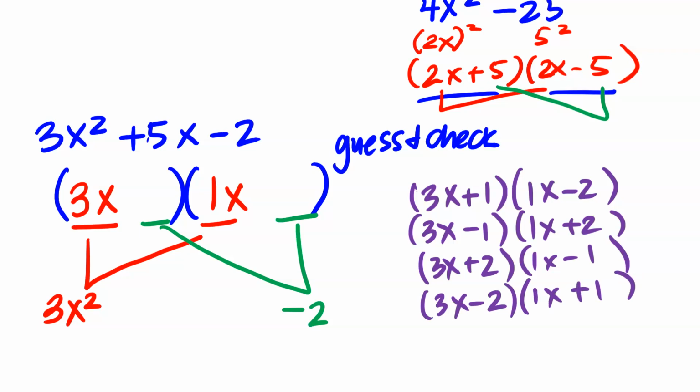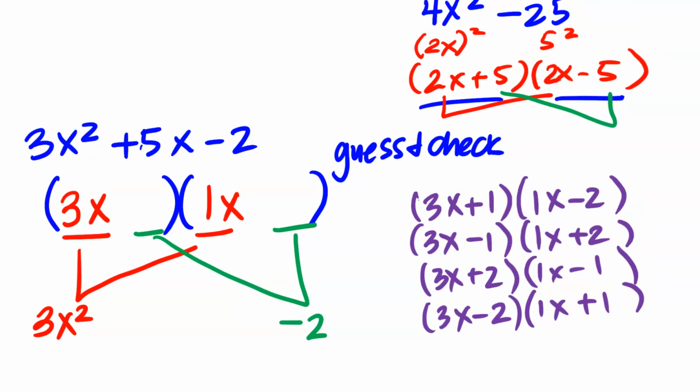Not super hard in terms of checking, and this is where that pattern building understanding really comes into play. I know I want the answer for the middle to be a 5x, and it needs to be positive. And I realize that the way I'm going to get this middle is to multiply the outside terms, the 3x and whatever's here, and the inside terms. And 3x is a hell of a lot bigger number than 1x.